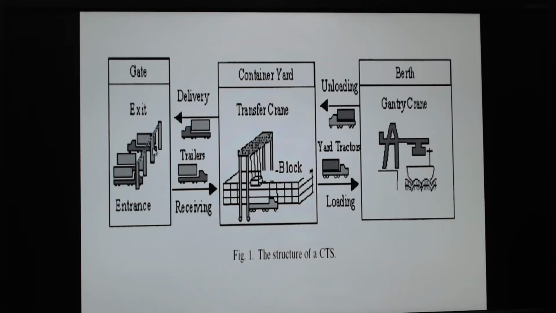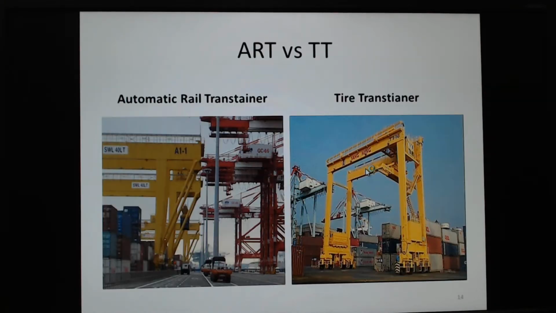The outside trucks or trailers transport their cargo to this container area, and then the crane picks up the container and puts it on the block for storage. The export container will also be transported by internal truck or yard trailer to the gantry crane.